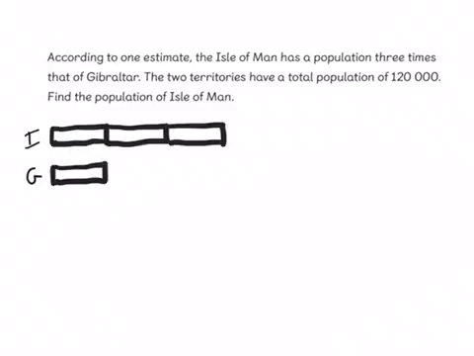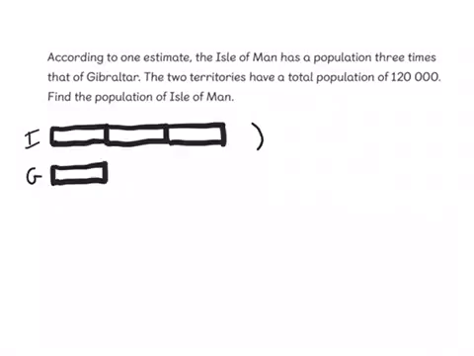Just to clarify, we've drawn it like this because the Isle of Man's population is 3 times bigger than that of Gibraltar. So Gibraltar's population is 1 bar, the Isle of Man's is 3 times bigger than that, so it's 3 bars. If we look back in the problem, we also know that the two territories have a total population of 120,000.